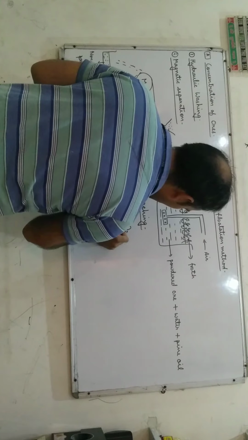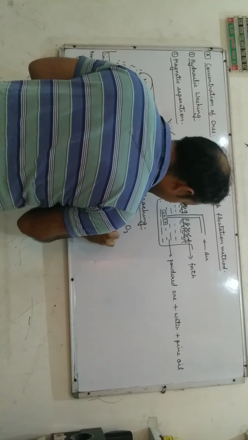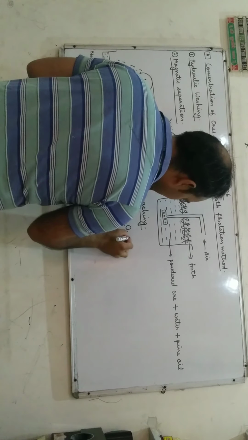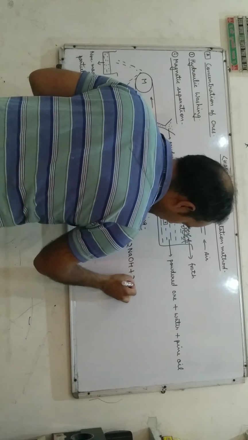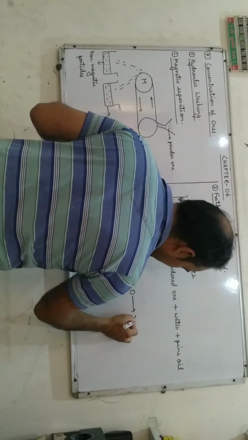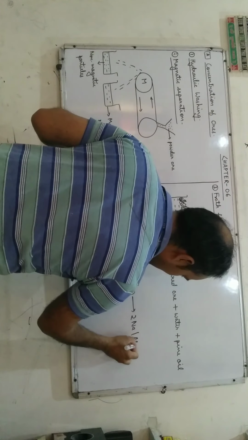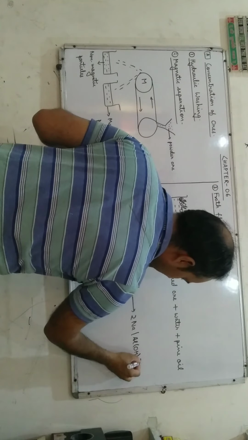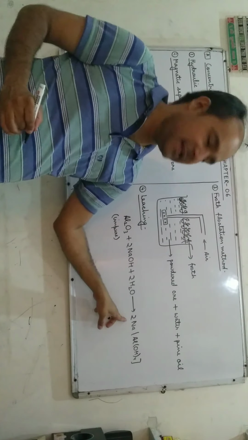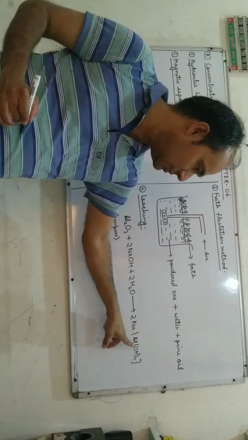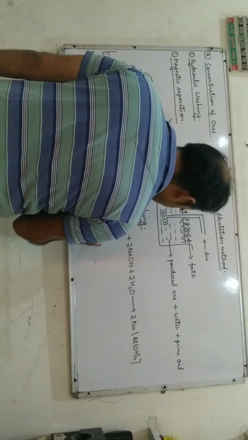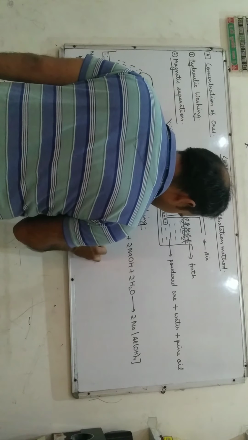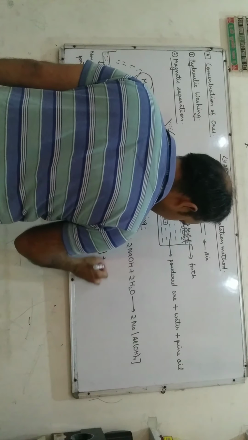Here the impure Al2O3 will be there. When we treat it with NaOH and water, a complex, Na[Al(OH)4], will be formed. The name of this complex is sodium tetrahydroxoaluminate(III).